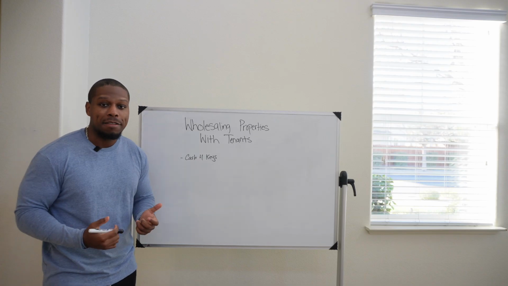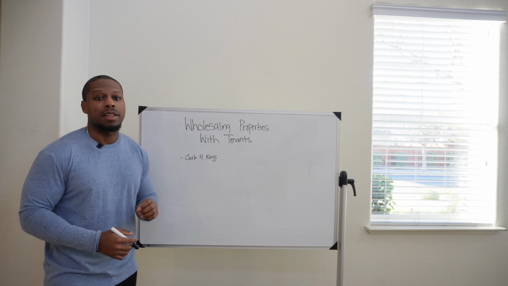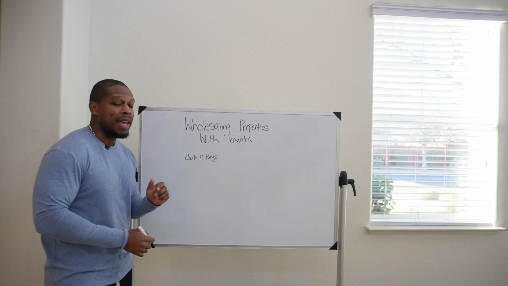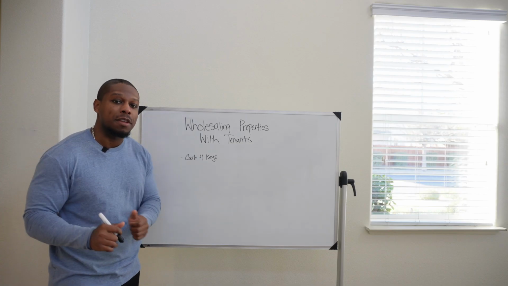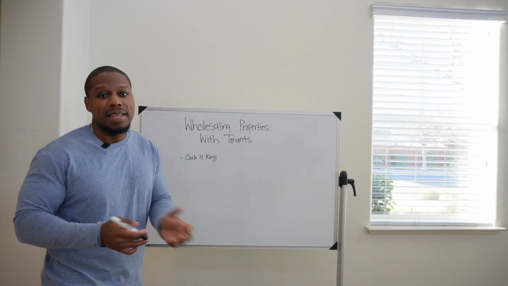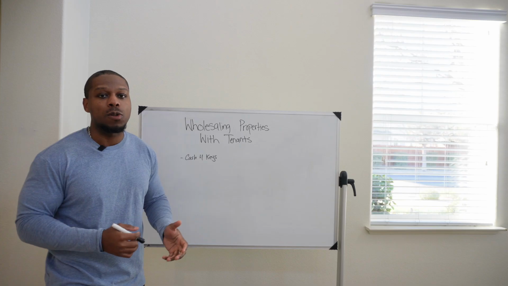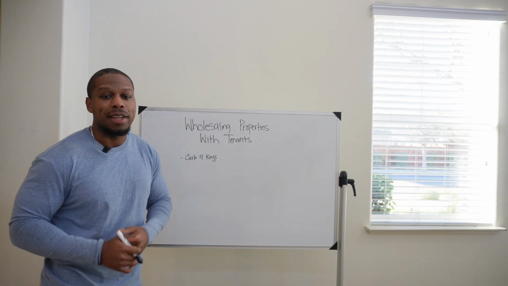If you don't have money to give, then just have the end buyer take care of it, okay? Just have the end buyer put up the cash for keys, and you may have to take a little bit off of your assignment fee, but hey, at least the tenant is going to be out before closing, which is what most end buyers are going to want anyway.